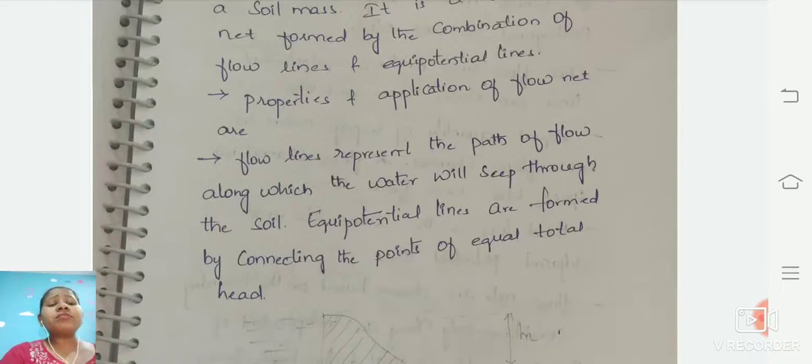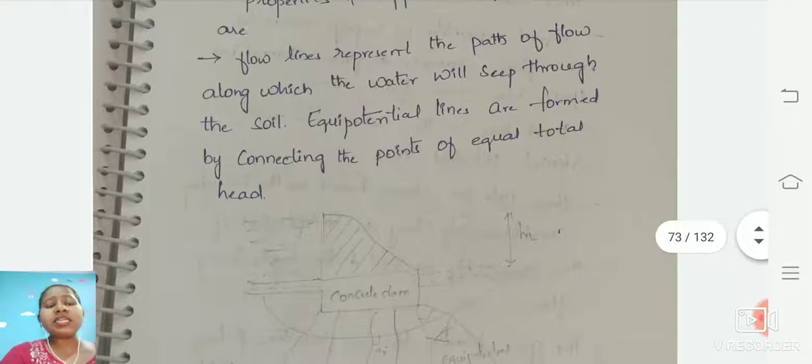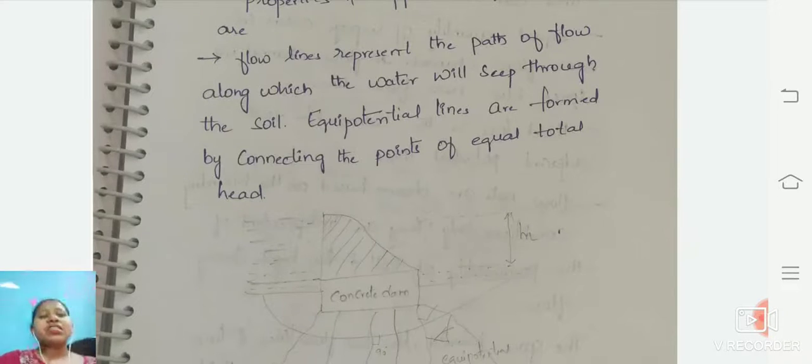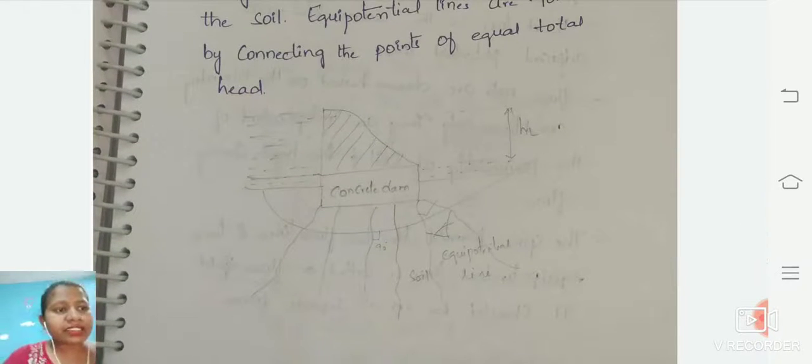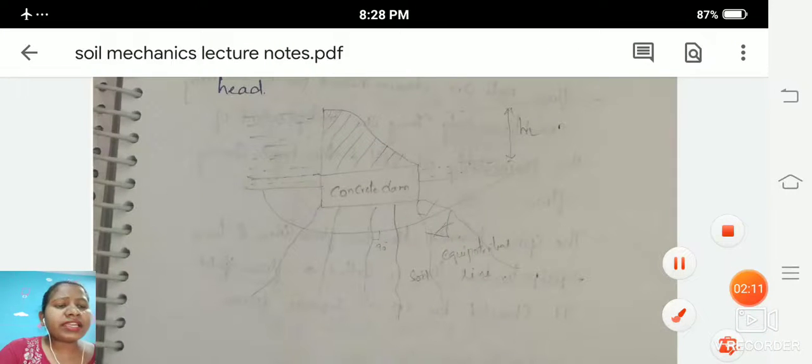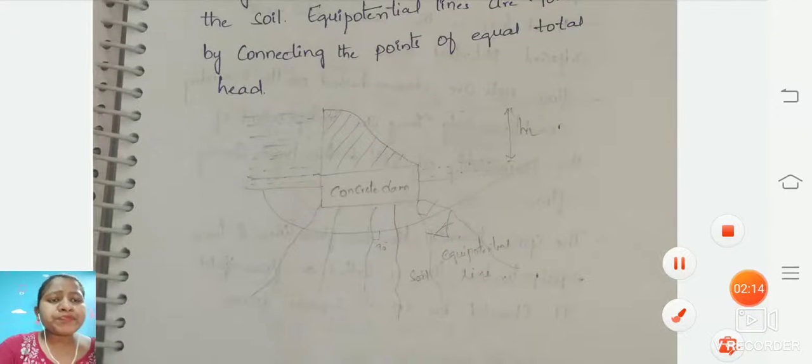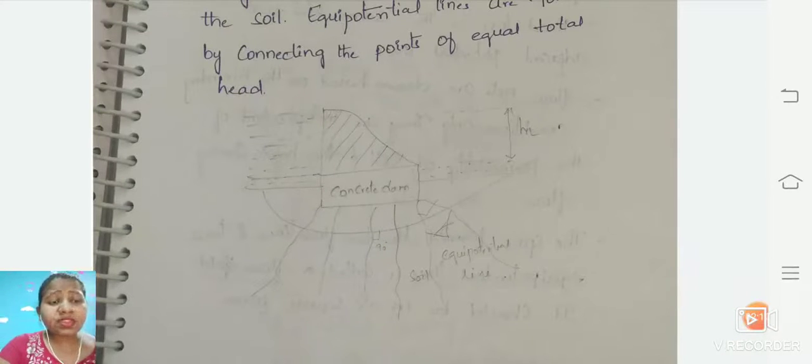You also form equipotential lines, that is, the interconnecting of these lines, which represent the total head, how much head is taken. You can see this very clearly in the diagram. In this diagram there is a concrete dam, with the flow of water, and you also see an equipotential line.